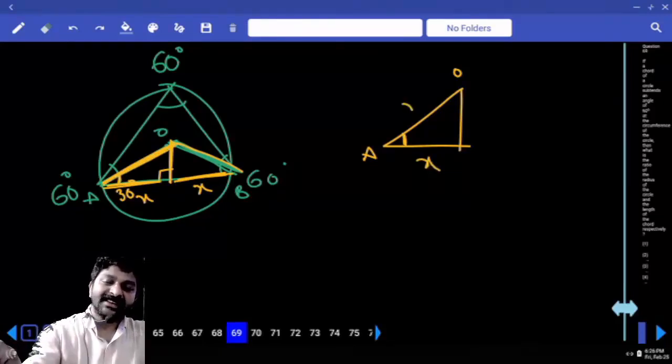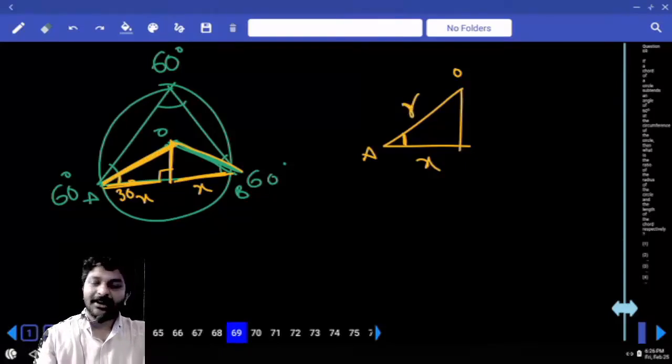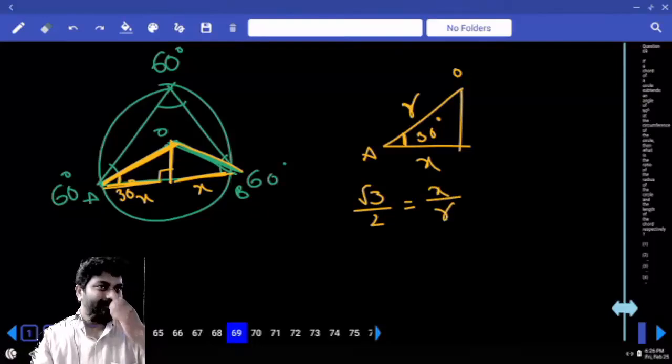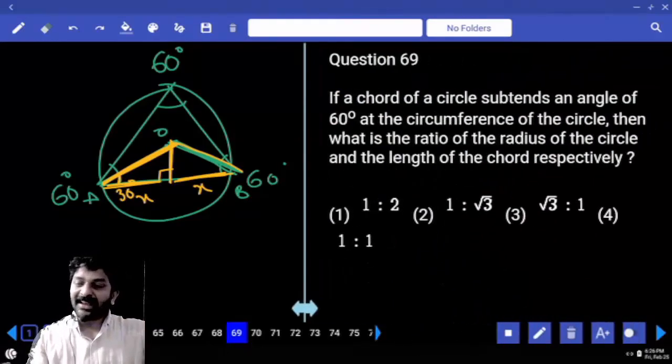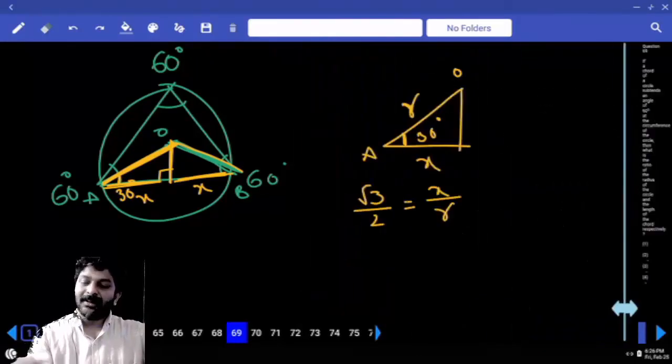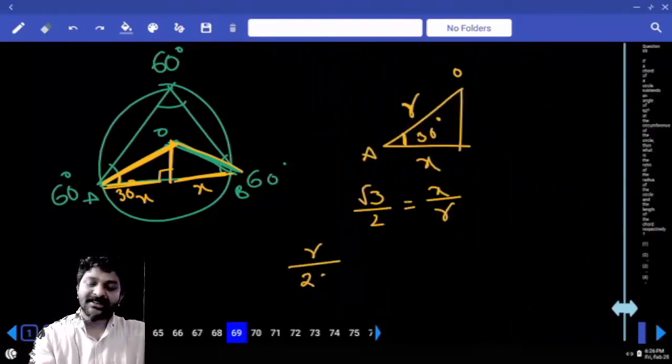OA is equal to radius. Now angle at A is equal to 30 degrees. Cos 30, root 3 by 2, is equal to x by R, correct? Now what exactly were we asked to calculate? Ratio between radius and chord length, correct? Radius and chord length is 2x, right?